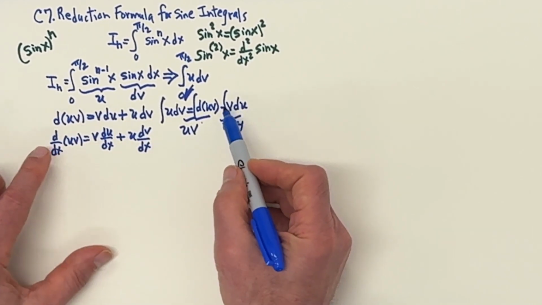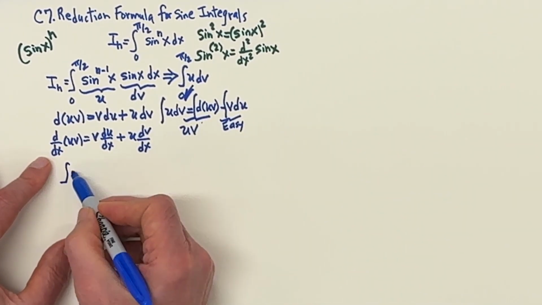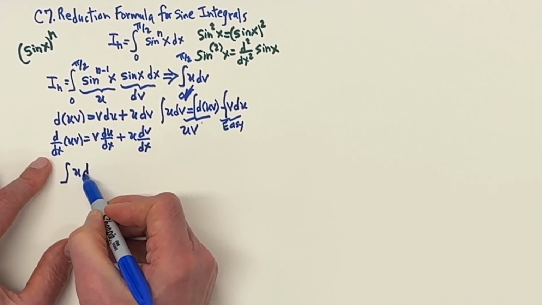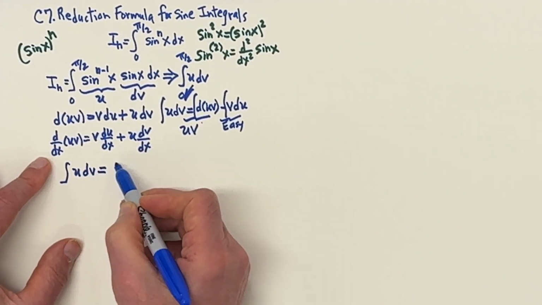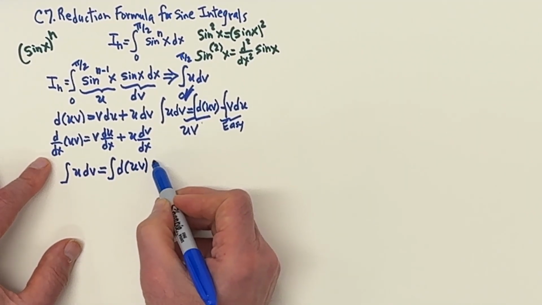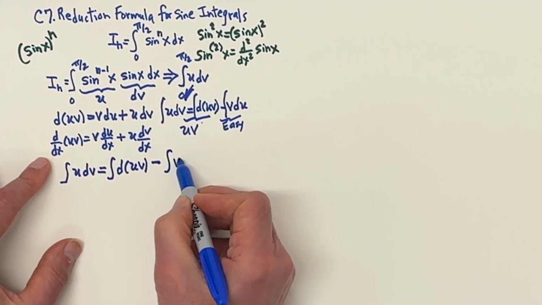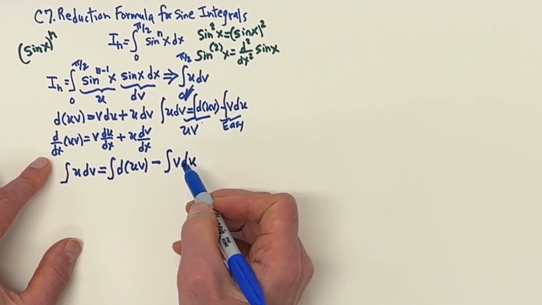So let's write this again down here. The integral of u dv equals the integral of d of uv, the product, and then minus v du.